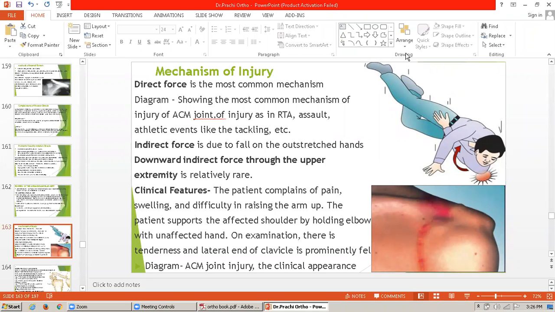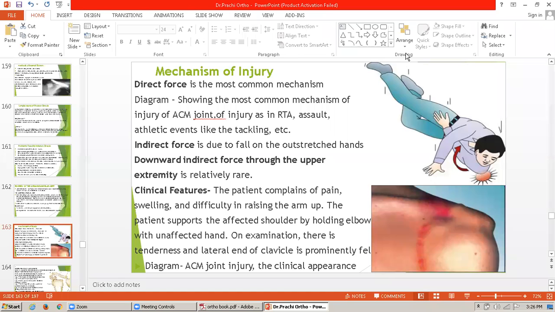Next is the mechanism of injury. Here, direct force is the most common mechanism. In this diagram, the most common mechanisms of injury of the acromioclavicular joint are shown, as in RTA, that is road traffic accident, assault, or in athletic events.